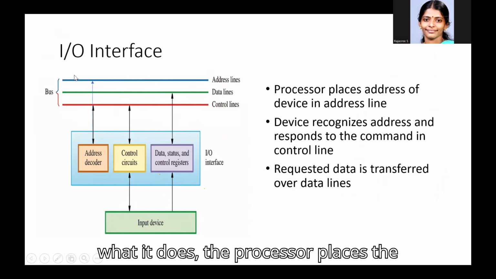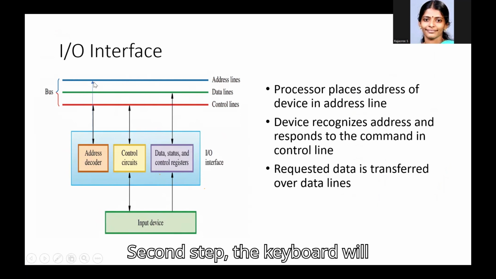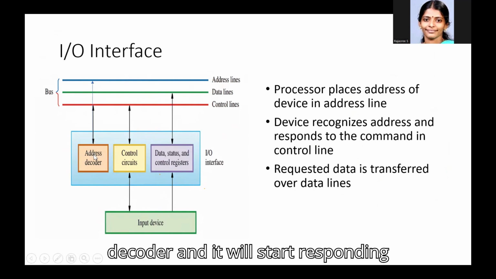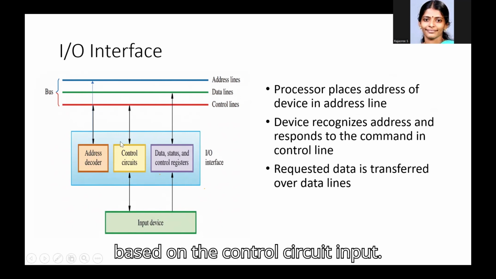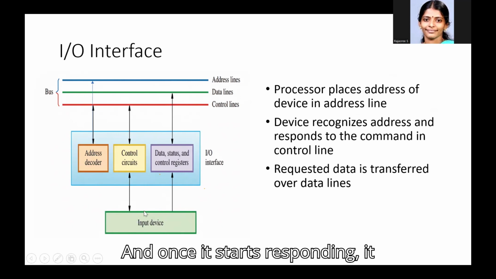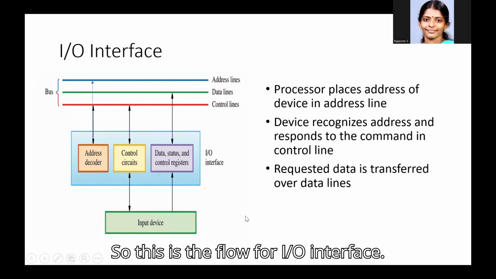The processor places the address of the keyboard in the address line. Second step, the keyboard will recognize the address using the address decoder, and it will start responding based on the control circuit input. And once it starts responding, it places the data into the data line. So this is the flow for the I/O interface.